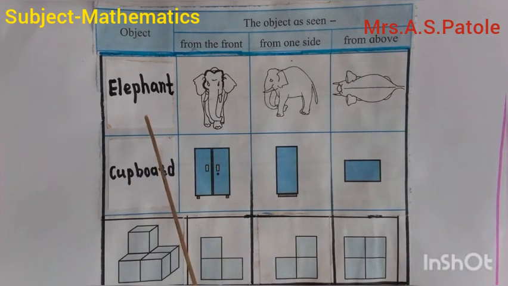First example, elephant. The front view of the elephant is like this. The view from one side is like this and the view from above is like this. So, from the front, from one side, from above, the views of the elephant are different.